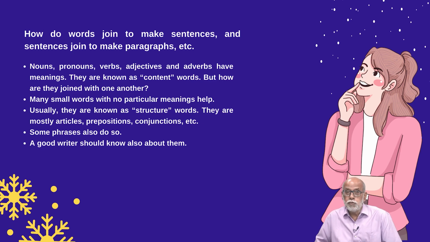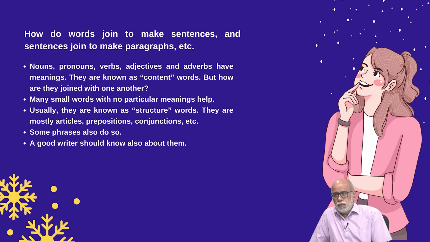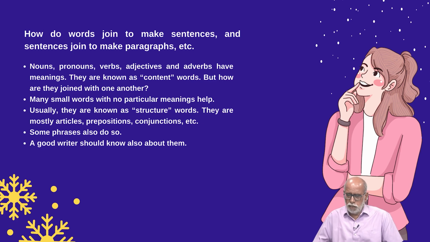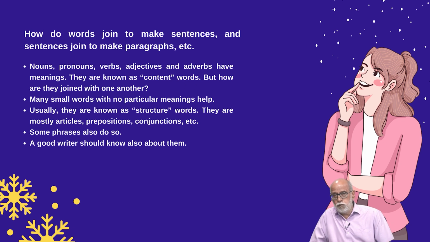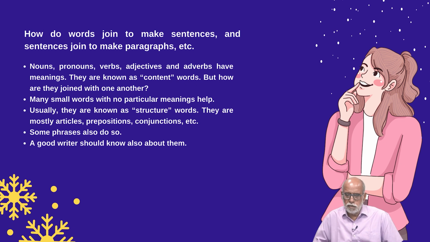But how are they joined with one another? That work is done by many other small words that have no particular meaning of their own. They are what many grammar books call structure words or function words as against content words. They are structure words because they join content words, words with meaning, into a structure.